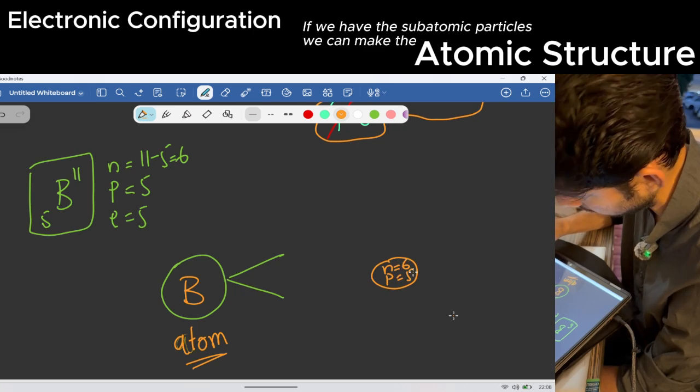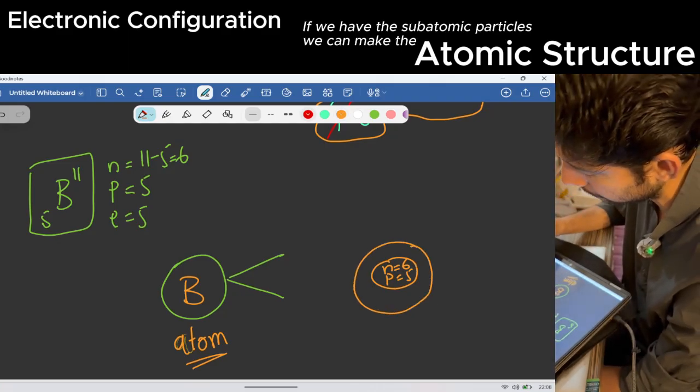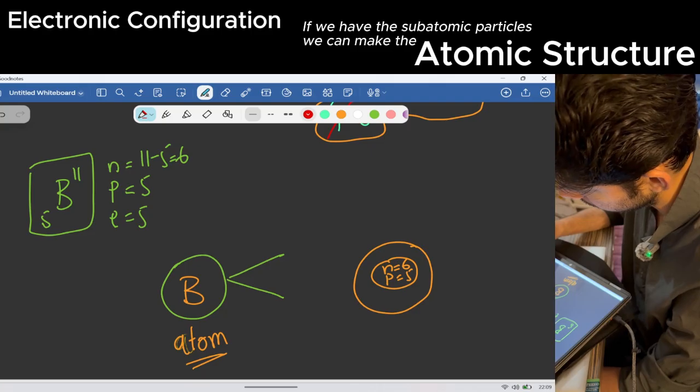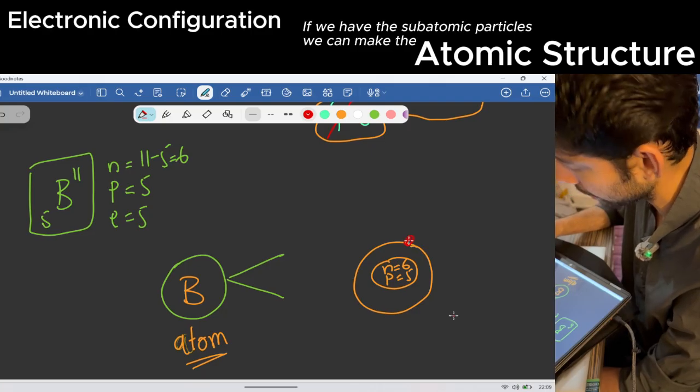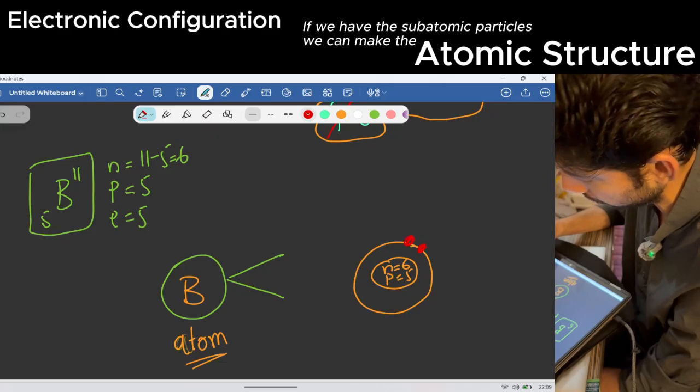Whereas for the first shell, always remember, we can have a maximum of 2 electrons, because the first shell is called a duplet and it can only accommodate a maximum of 2 electrons.